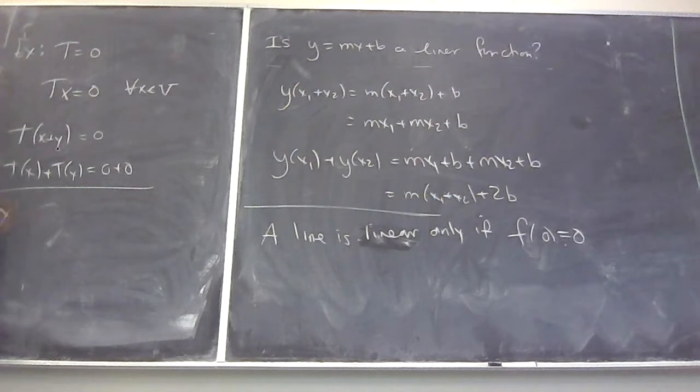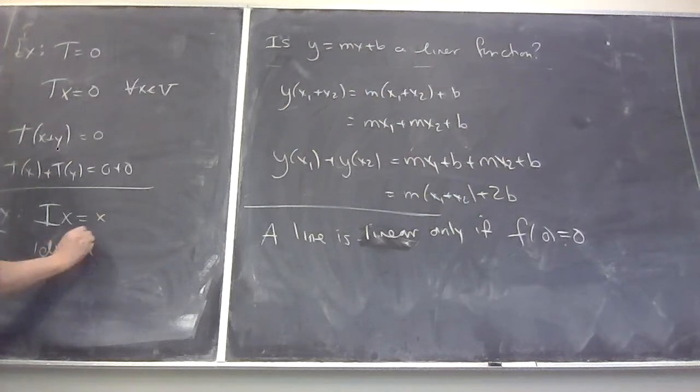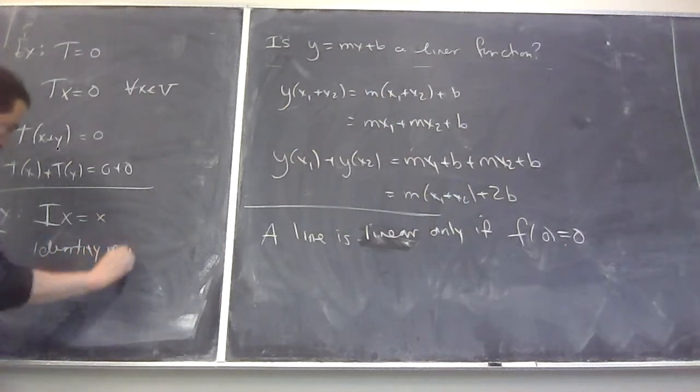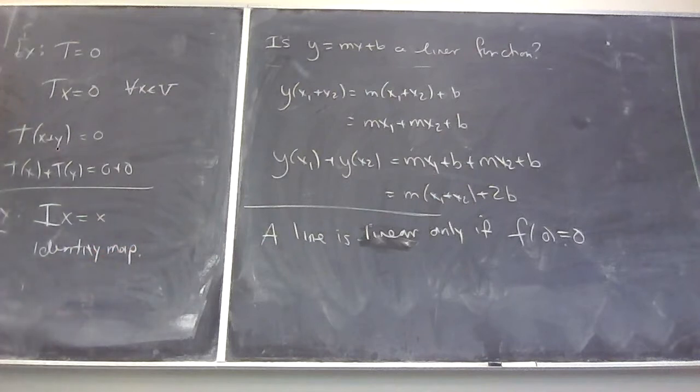The other trivial example is the identity map, I. What does I do? I takes an x and spits x back out again. That's linear. Those aren't very exciting examples of linear maps.